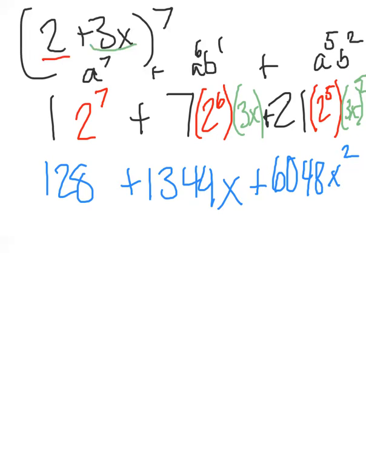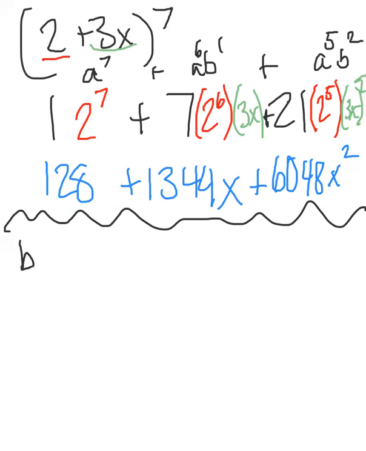But then for part B, they are asking you to find an approximation of 2.3 to the 7th. So what that tells me is that for this one, x is equal to 0.1.